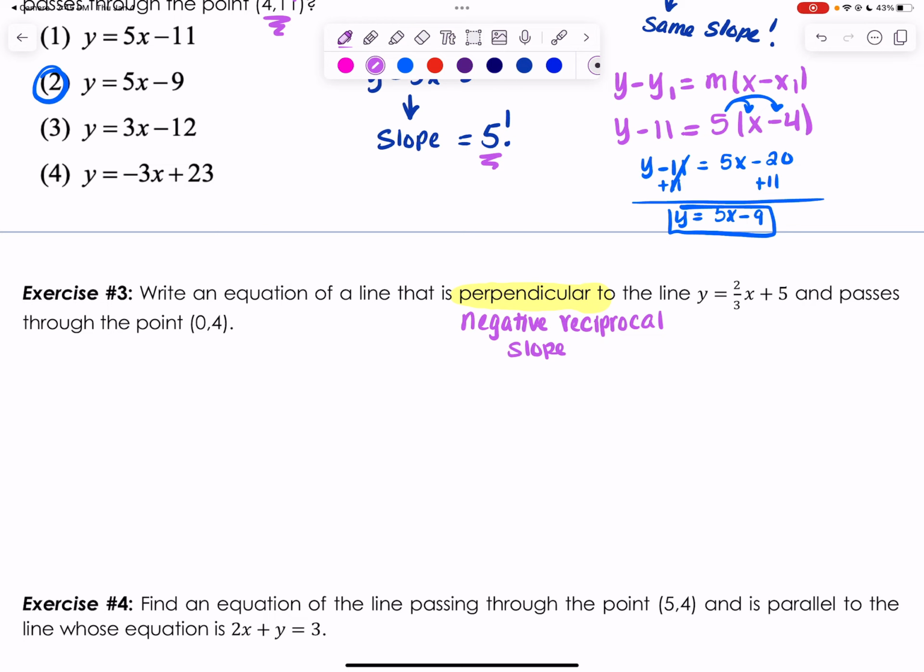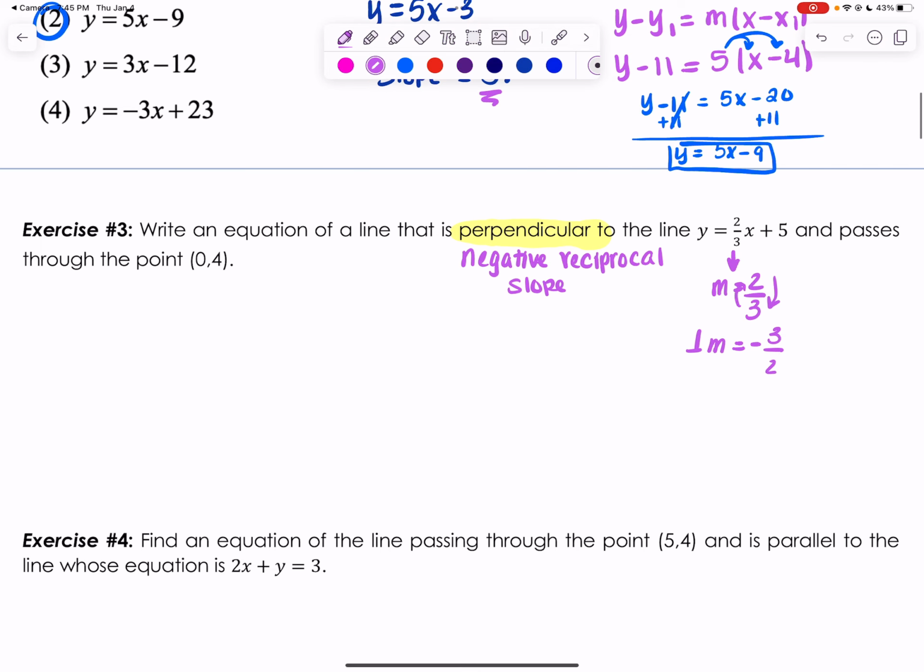So if you look, the equation they give us, the slope is 2/3. So for our perpendicular slope, we flip it and we negate it. So it's going to be -3/2. And it goes through the point 0, 4.